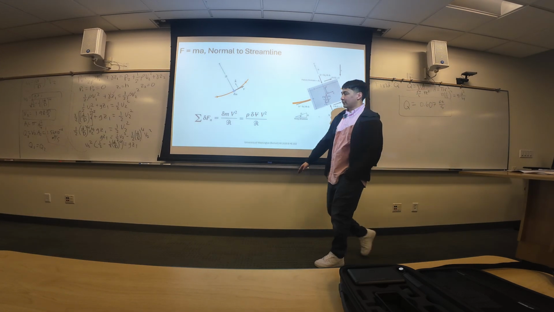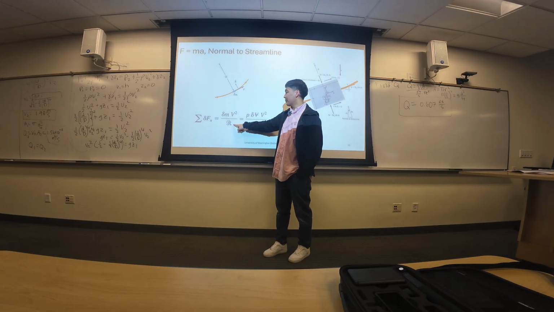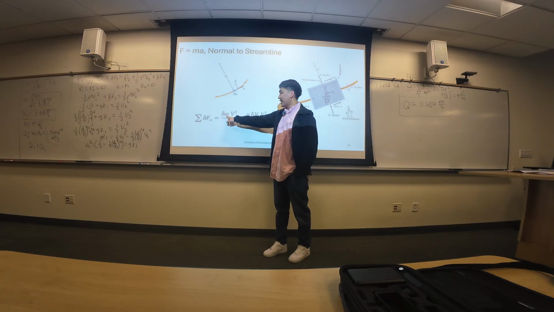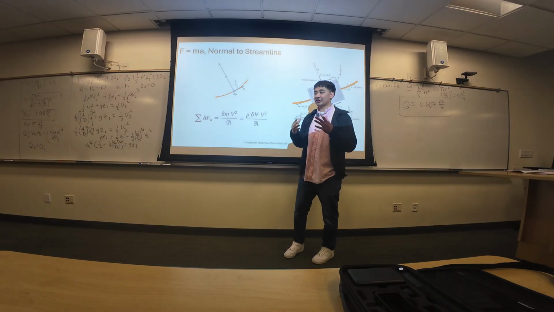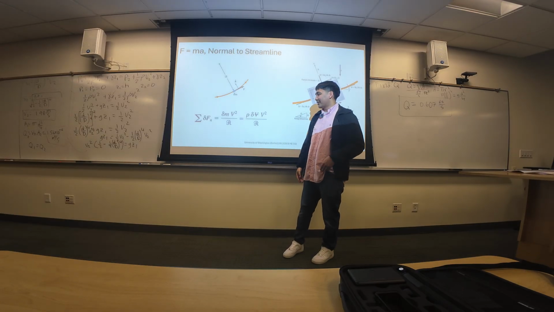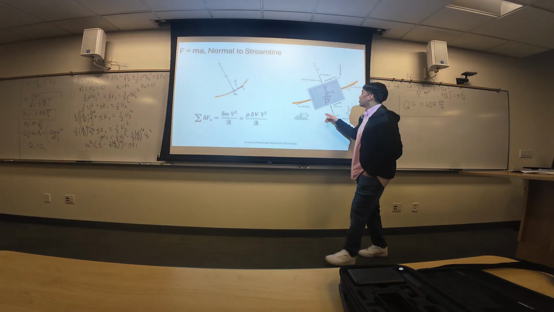So F equals ma. Your a is v squared over r from physics 1. Your mass is delta m, and we're always having delta because your fluid's changing, right? So you don't have a solid mass exactly. It's in the n direction, which I explained here.